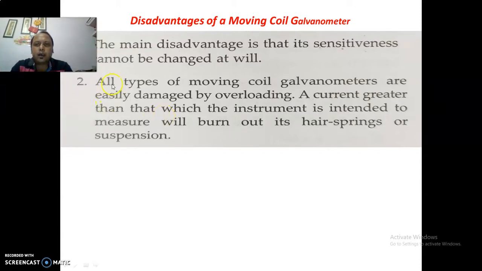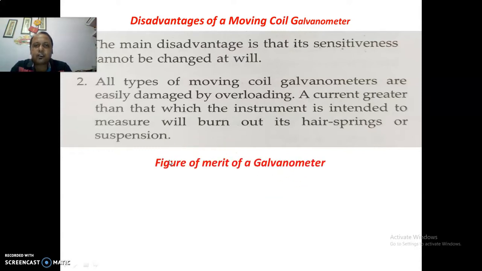Now, all types of moving coil galvanometer are easily damaged by overloading. That is naturally a problem in every electrical appliance. A current greater than that which the instrument is intended to measure will burn out the hairspring or the suspension. So that is a disadvantage of the moving coil galvanometer.